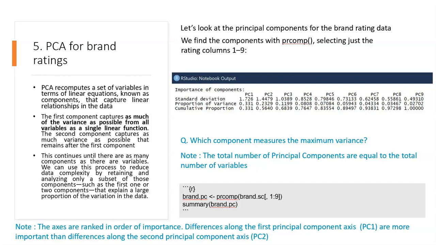We have given this the name brand.pc, and we are asking for principal components of this data set. We are not giving any rows, because we are subsetting by columns, the first to 9th adjectives.